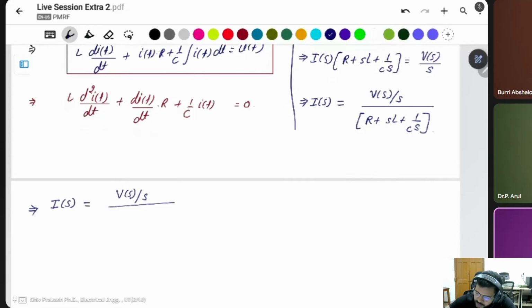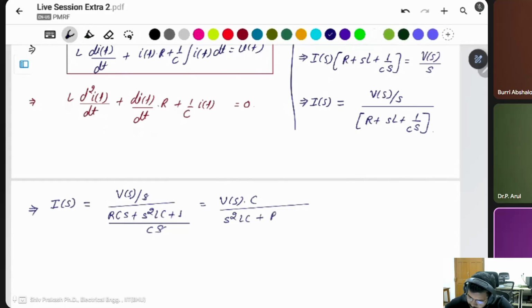V(s) by s, you can take Cs as common here, LCM, and this will be RCs plus s square LC plus 1, divided by Cs. The s will cancel out. This is V(s) into C, V(s) by C into C divided by s square LC plus RCs plus 1.